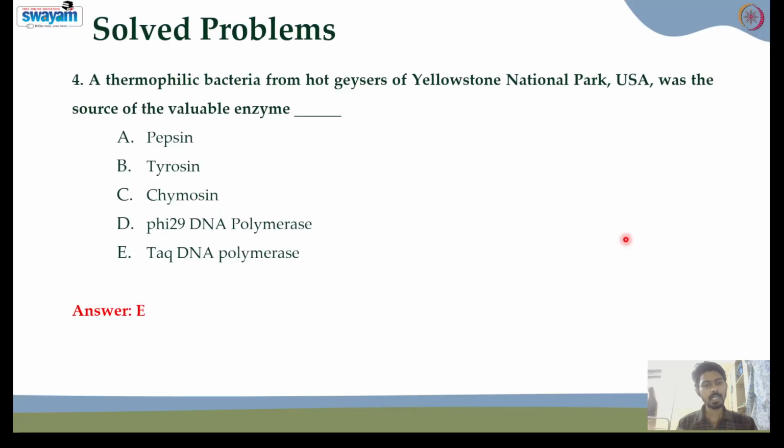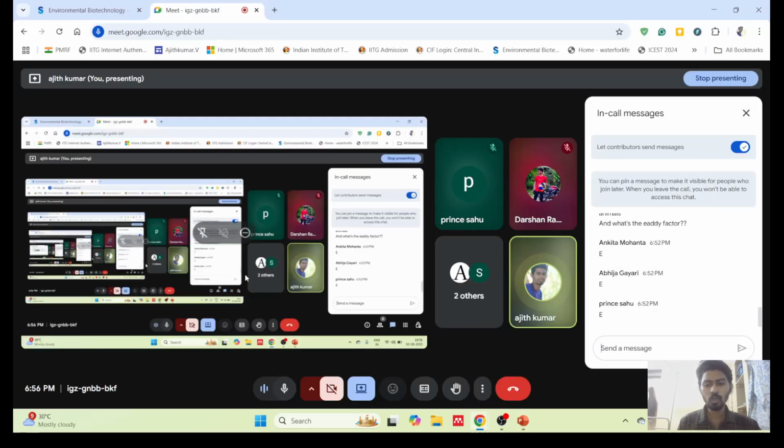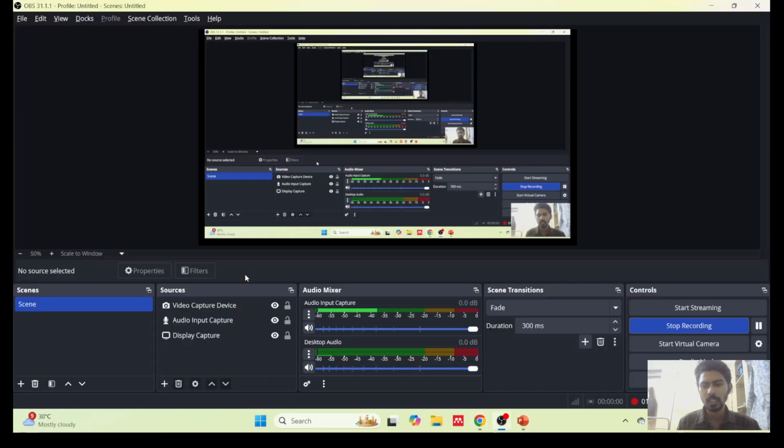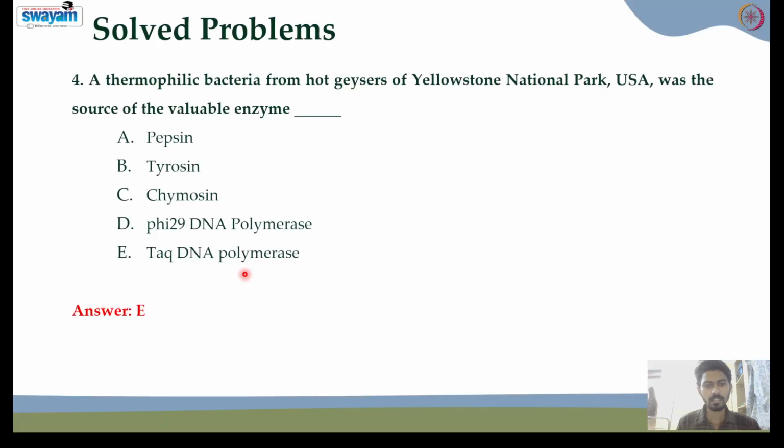So from Thermus aquaticus, this is the bacteria where they have identified Taq DNA polymerase. And what is the role of DNA polymerase?